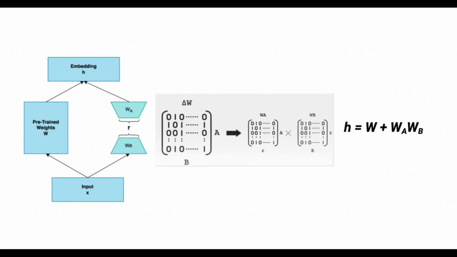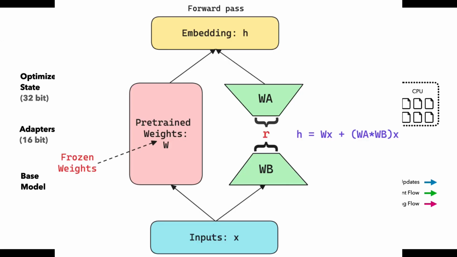The core idea behind LoRa is that the original weight matrix W is adapted by adding a low-rank product of two much smaller matrices. So when fine-tuning with LoRa, the original matrix W is frozen and only the elements of the low-rank matrices are trained, leading to a drastic reduction in the trainable parameters count.